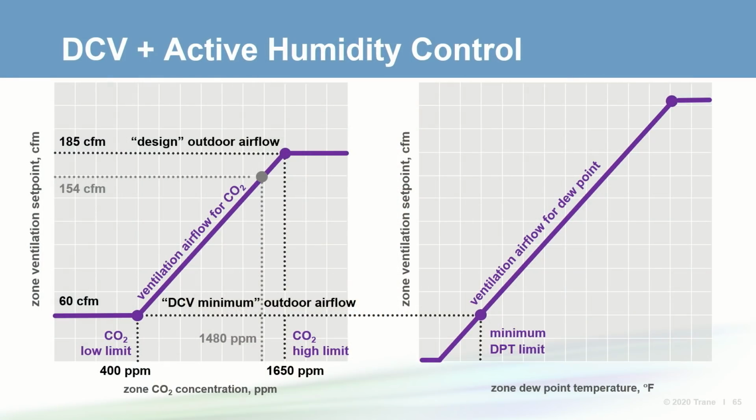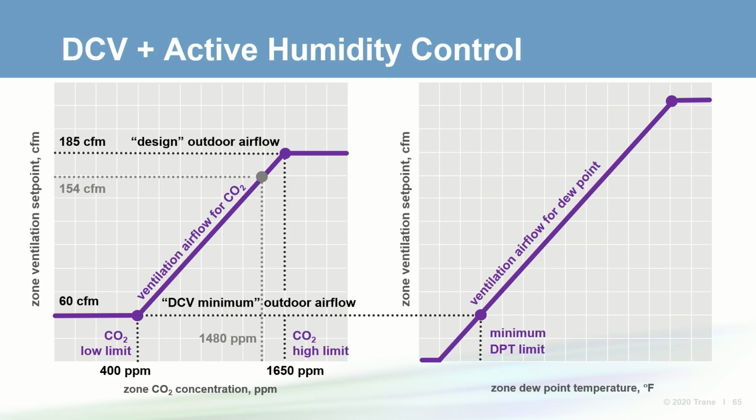Another solution is to use a humidity sensor in the zone and then increase the outdoor airflow delivered to the humid zone above the minimum required ventilation. This active humidity control sequence can be integrated with demand control ventilation. In the chart on the right, the x-axis is the zone dew point, and the y-axis is again the zone ventilation airflow set point.